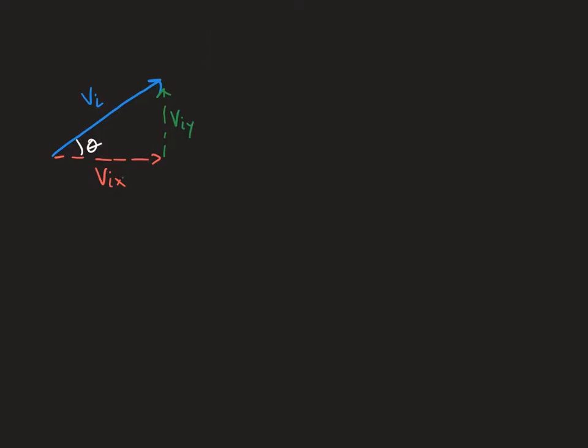So let's start with the x component. Well, obviously I've made a right triangle and I have an angle, so I'm probably going to use SOHCAHTOA, keeping in mind what the sides of my triangle are. This x component would be adjacent to my angle because it's right next to it. This y component would be opposite the angle. And then, of course, this would be the hypotenuse. So if I write out an equation that involves the x component, and say I already know what speed this is being launched at, so I know the length or the value of that blue arrow, that's my hypotenuse.